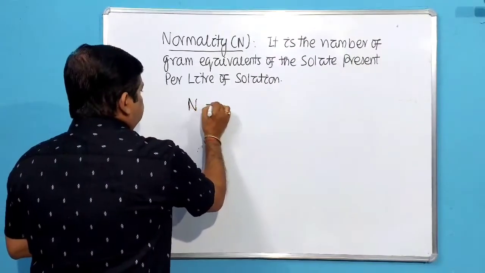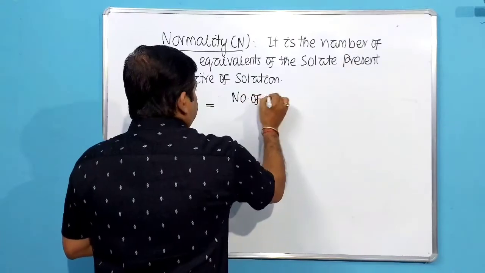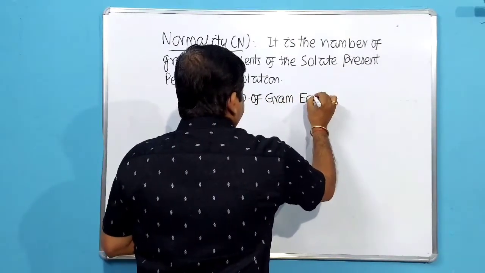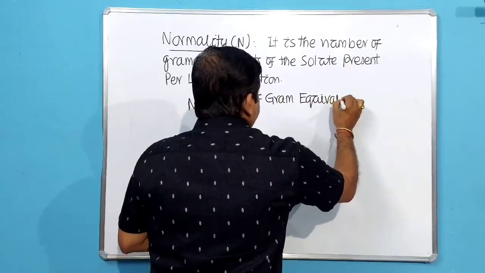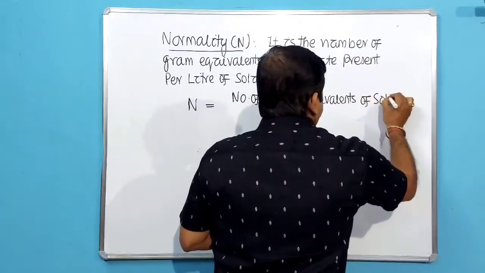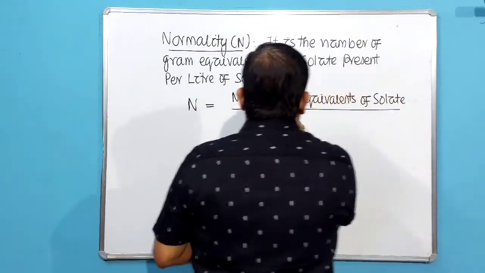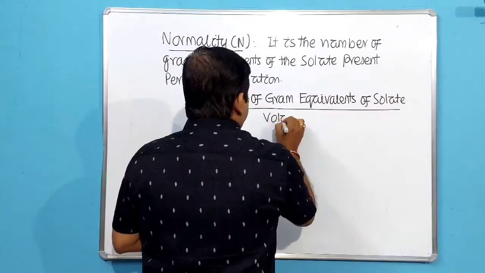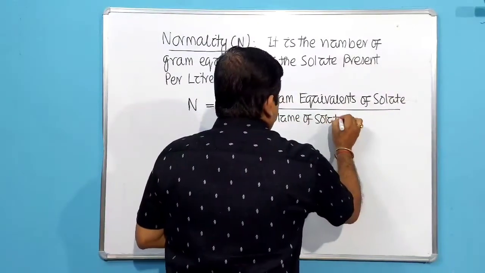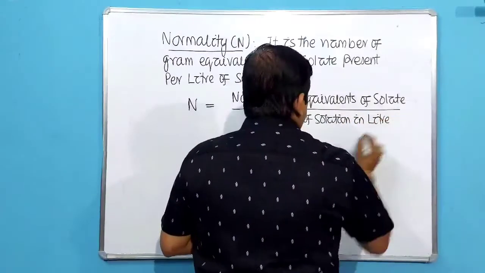That means normality, what will be the formula? The number of gram equivalents of solute divided by volume of solution in liter.